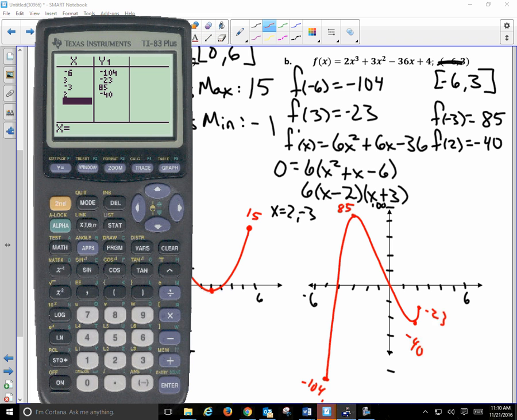So it looks like the graph looks something like that. So what would you say is the absolute max? 85. And what's the absolute min? -104. So again, you test the endpoints, and then you find the critical points by setting equal to 0 after you take the derivative. That's it.